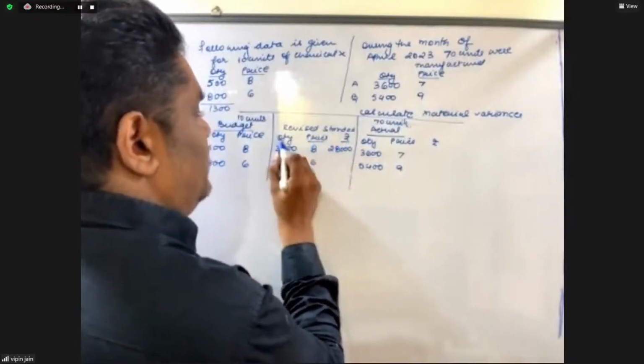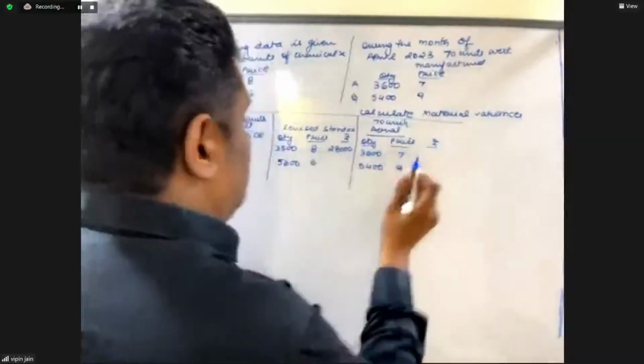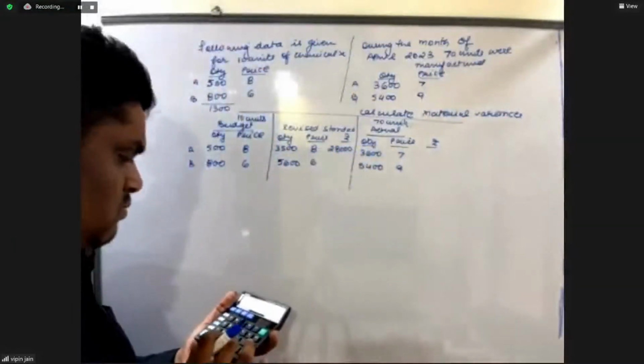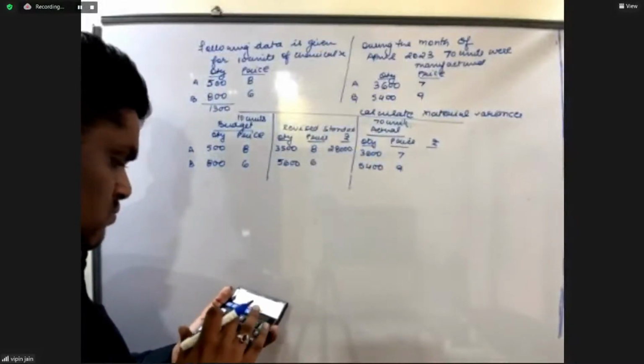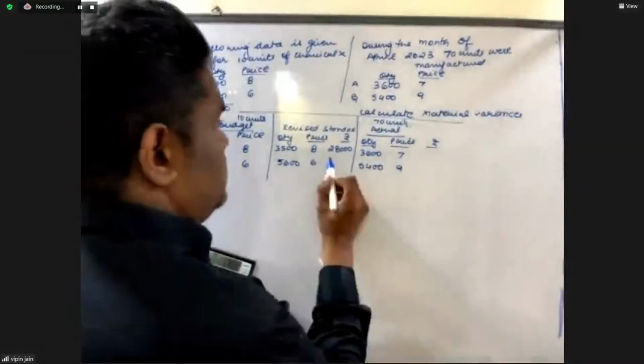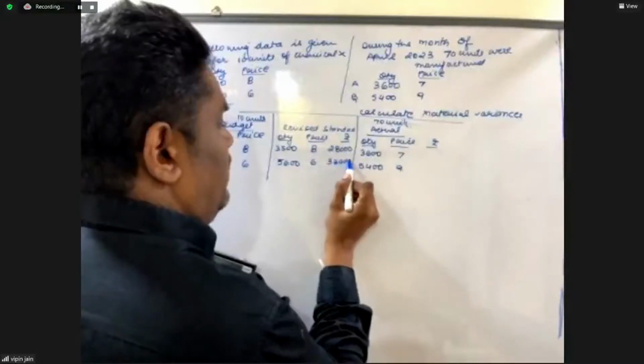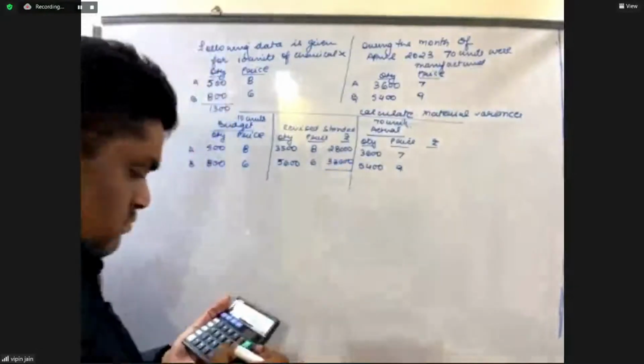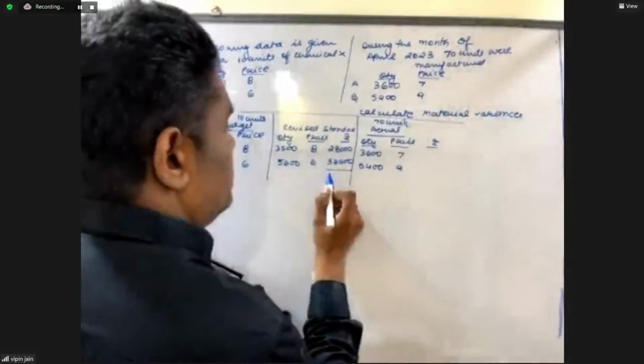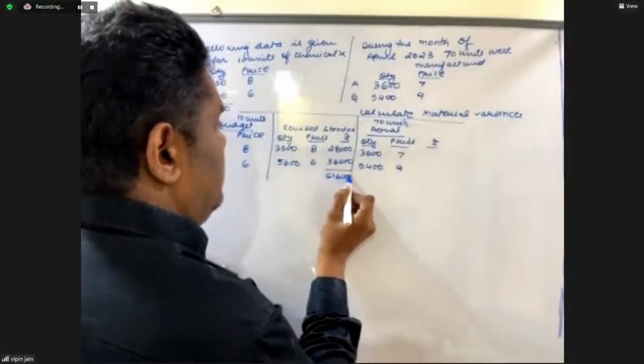This will be 28,000. This will be 33,600. This will be 61,600.